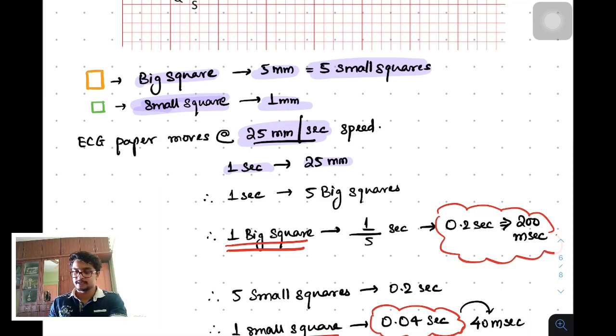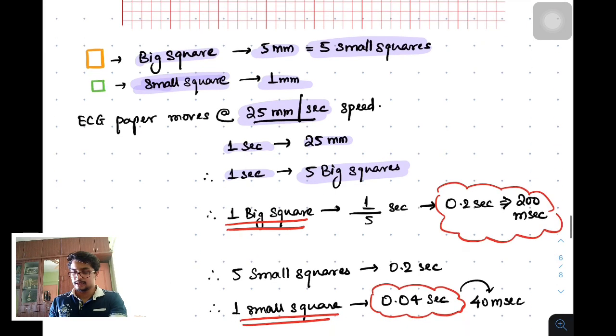In 1 second, 25 millimeters is covered, which means 25 millimeters translates to 5 big squares. So one big square translates to 1 by 5, that is 0.2 seconds or 200 milliseconds. So when an ECG needle moves through one big square, it is moving through 200 milliseconds.